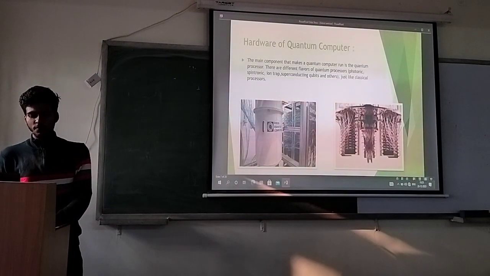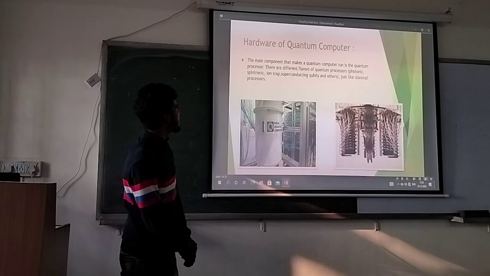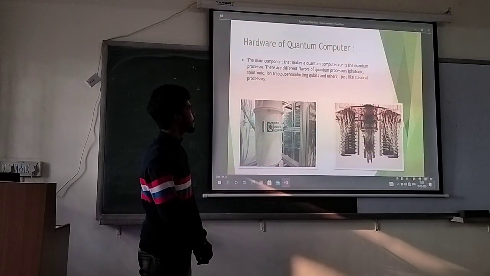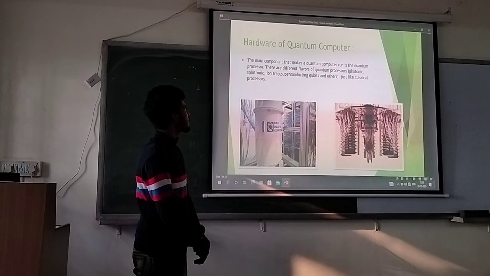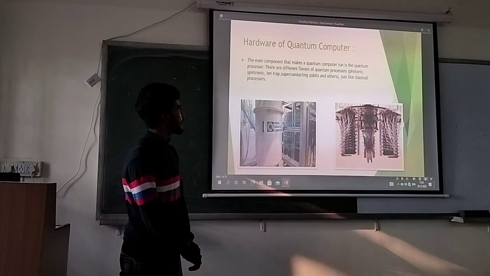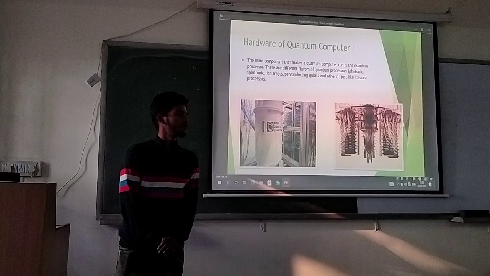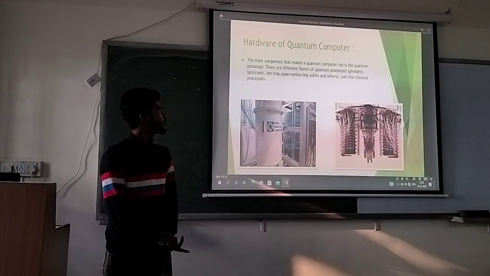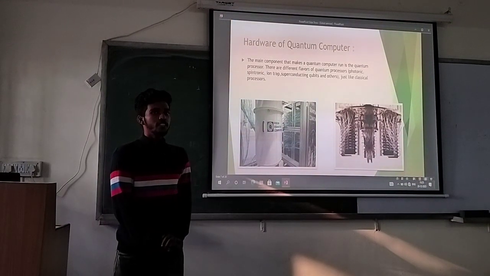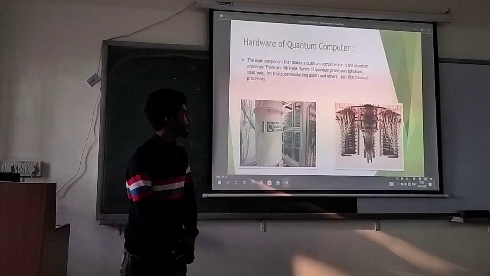Then the hardware of quantum computers. The main component that makes a quantum computer run is the quantum processor. There are different flavors of quantum processor. Basically, in quantum computers we need two-level systems. Whenever we make a two-level system, then we can implement it in a quantum circuit. So there is photonic.